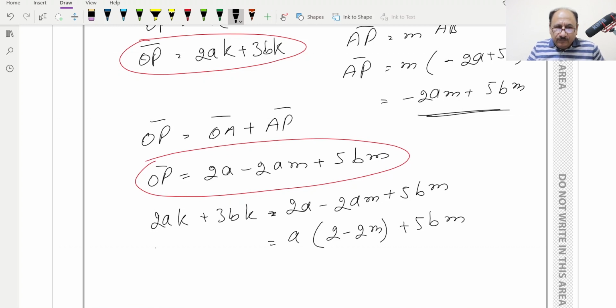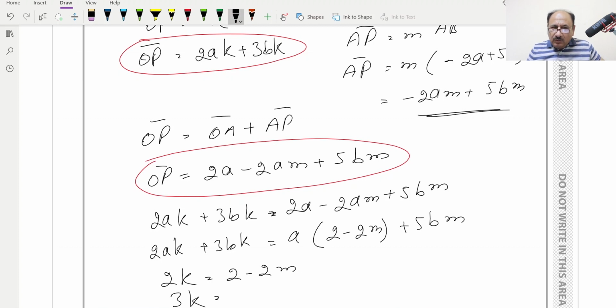So this will be 2ak plus 3bk, and now we can compare this. The coefficient of a is 2k on this side, so 2k is equal to 2 minus 2m, and the coefficient of b, 3k, is equal to 5m.